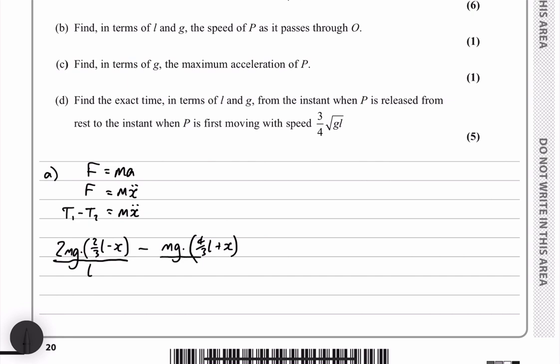And the natural length of the 2 is the same, that's L as well. And that has to equal m x double dot.